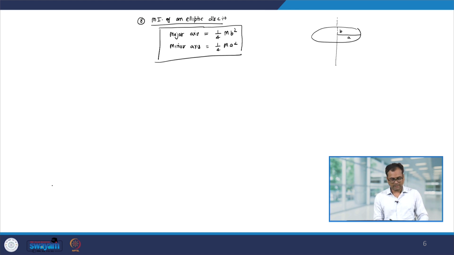Note that the equation of the ellipse is x square over a square plus y square over b square equal to 1.